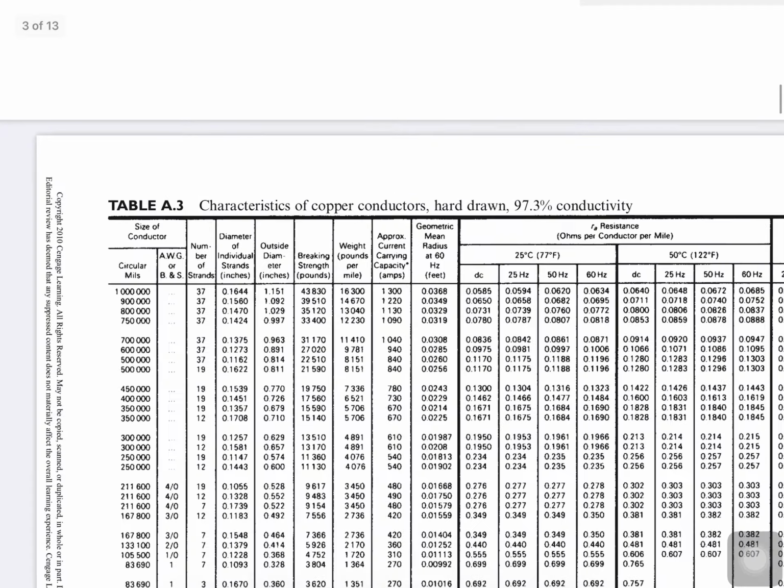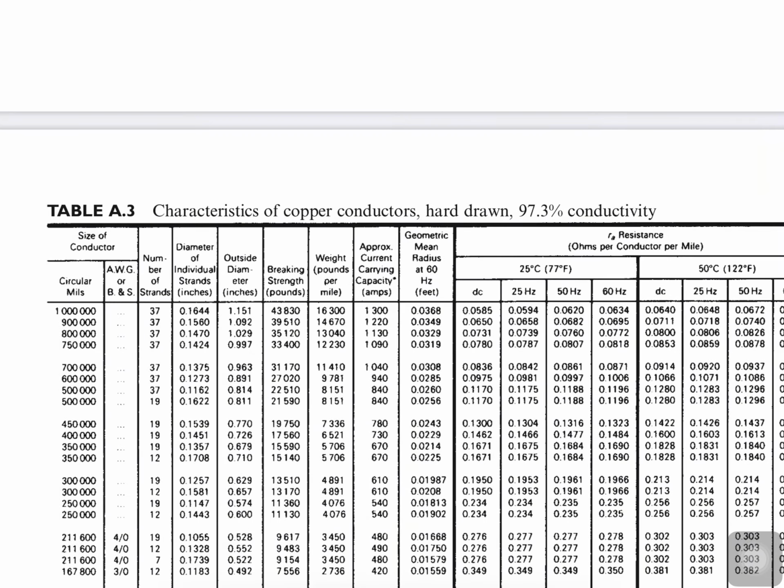This first table is showing the characteristics of copper conductors.